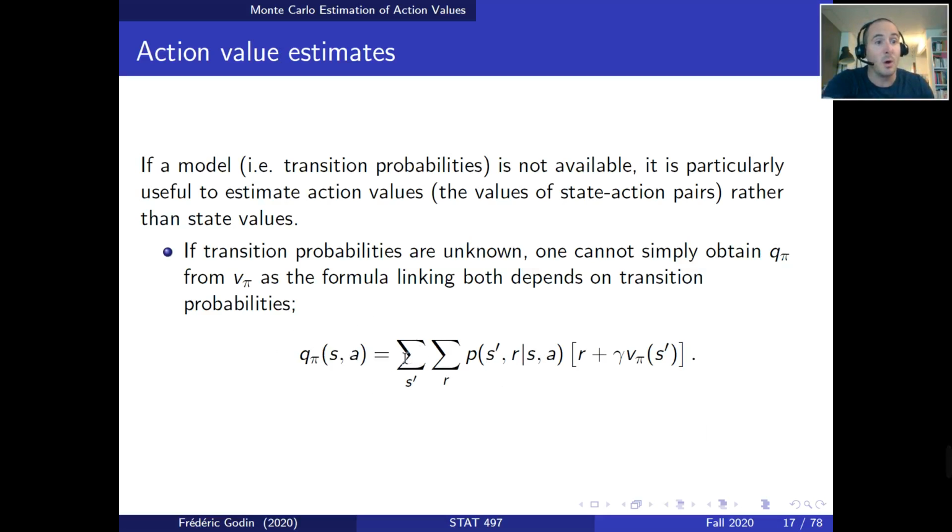To build a new policy which was better than the previous one, you had to compare the value of all actions in that state S and pick the best action. So to do policy improvement, getting these action value functions is very important. So we will need to discuss how to estimate this action value function.